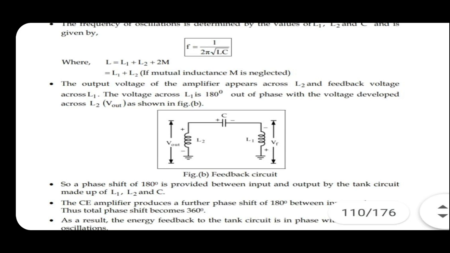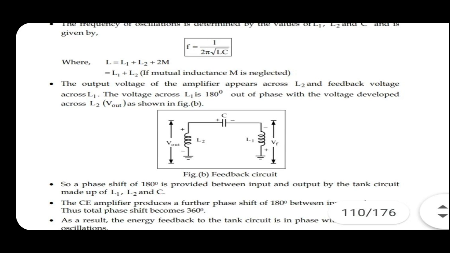Vf is the input to the base of the amplifier. The L2 voltage is the V out voltage from the circuit. So the beta value is defined as Vf by V out.